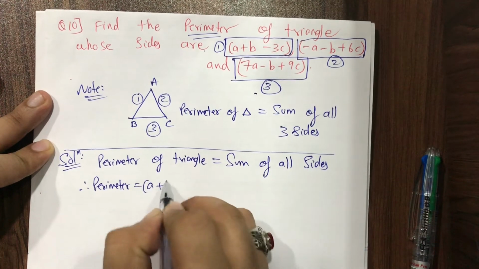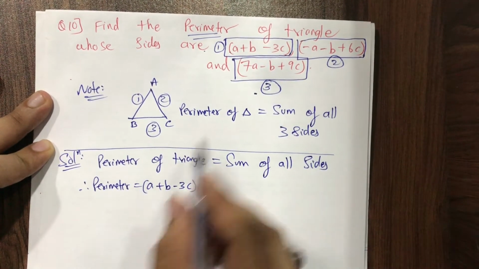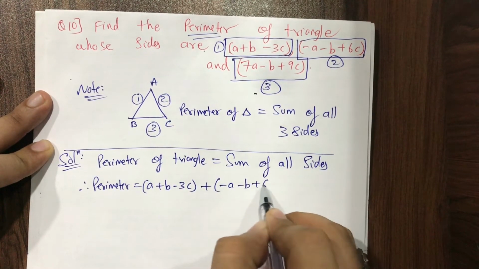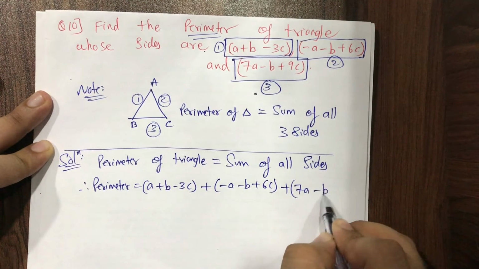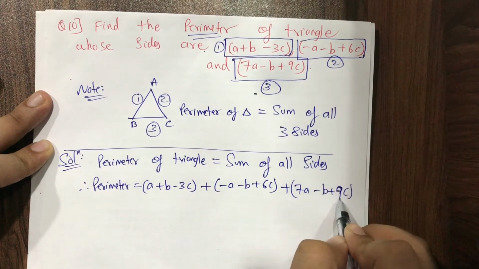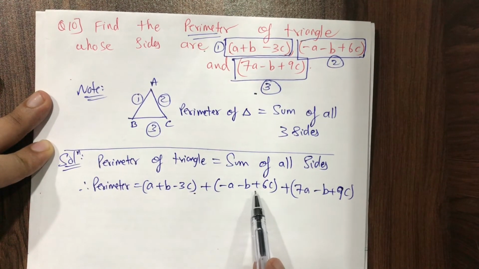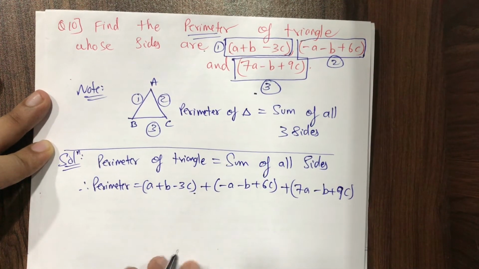So a plus b minus 3c, plus minus a minus b plus 6c, plus 7a minus b plus 9c.